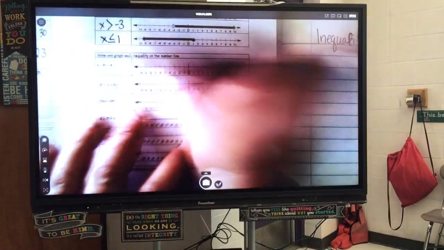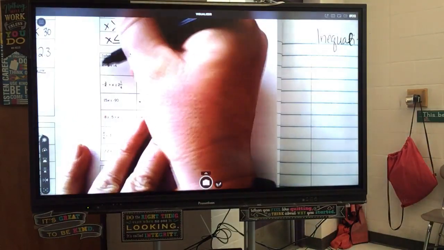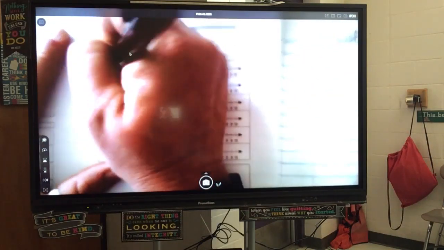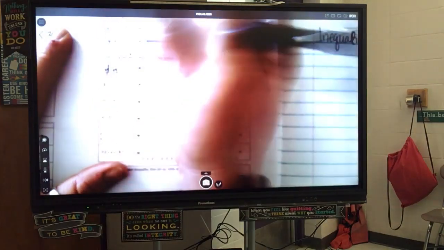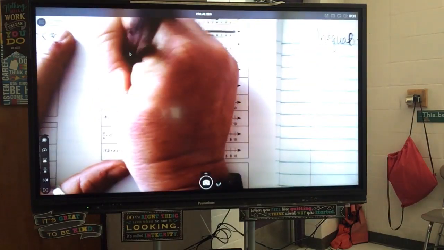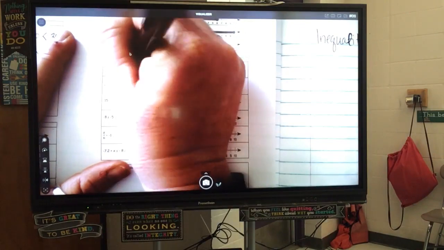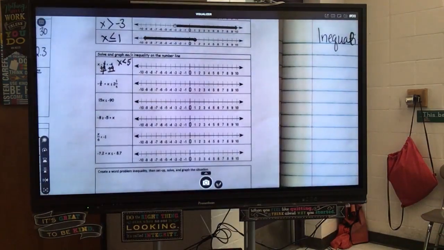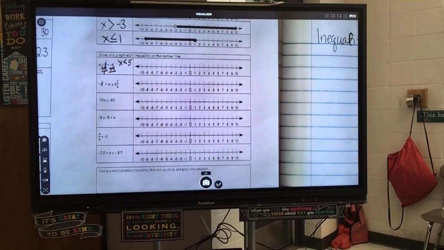So for this first one, I'm going to add 9 to this side, cancel it out, and add 9 to that side. X is less than 5, and that's what I graphed. It's not difficult. It's just like solving an equation, except the equal sign is an inequality.